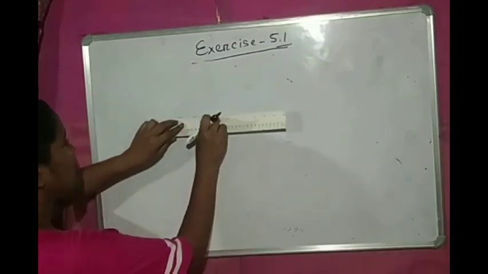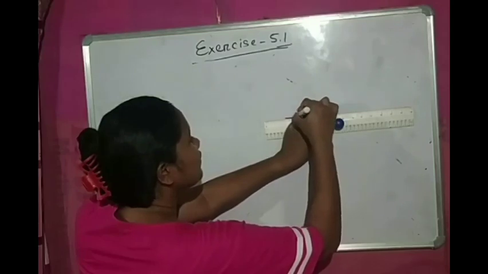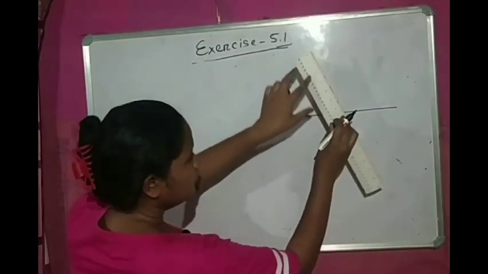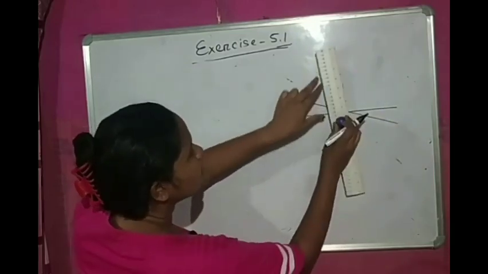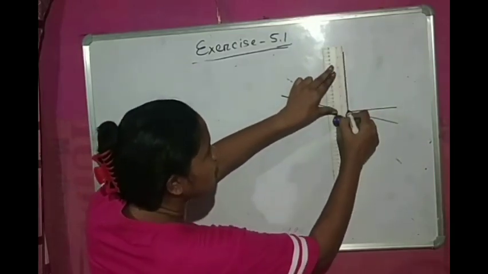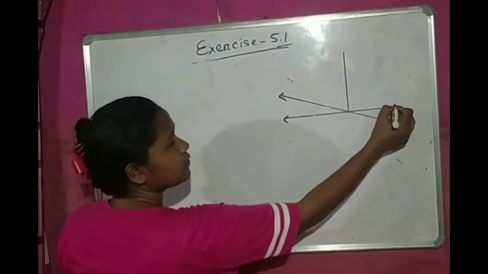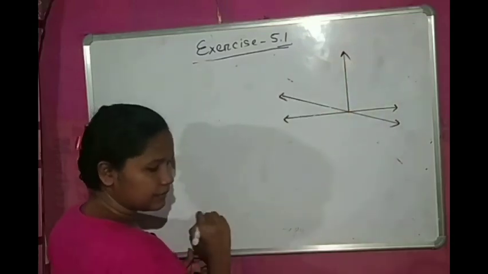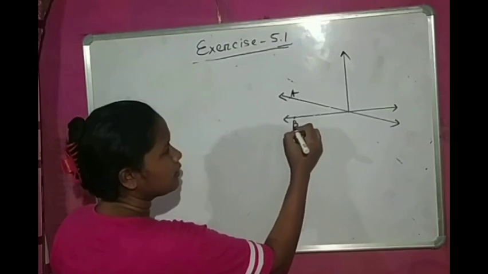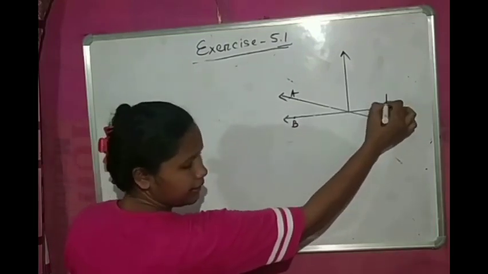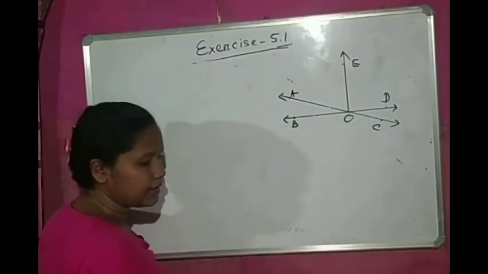Next we'll move to question number 14. A, B, C, D, E and O. What is the question given?